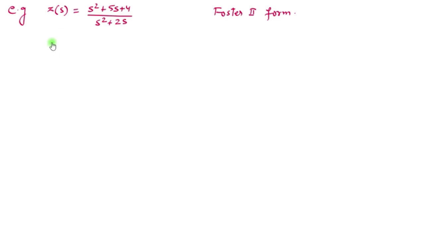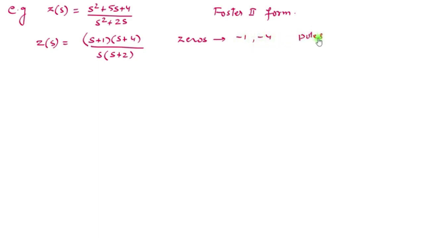So let us factorize it. We have Z of s, and this can be factorized as s plus 1 into s plus 4 whole divided by, I can take out s common from here, s into s plus 2. So the zeros are lying at -1 and -4, and the poles are lying at s equal to 0 and -2.